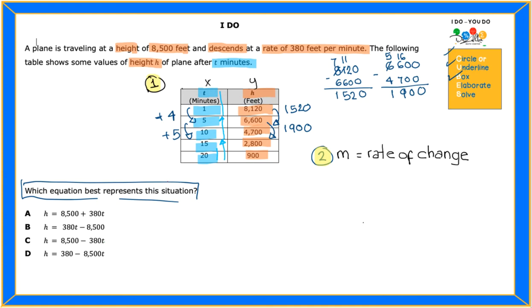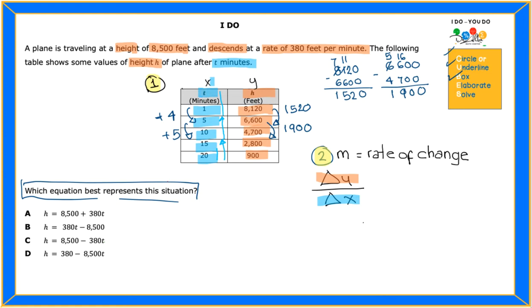And so we can find that rate of change. We already said that we need to find the change on the y-axis divided by the change on the x-axis. In this case, the right side of the table is where we have the h, and the left side of the table, where we have the x, is the same as when we have this little t.